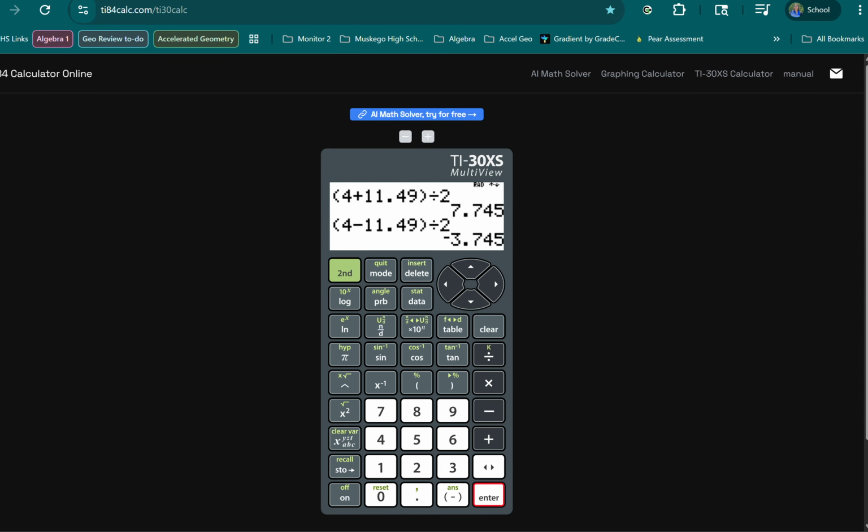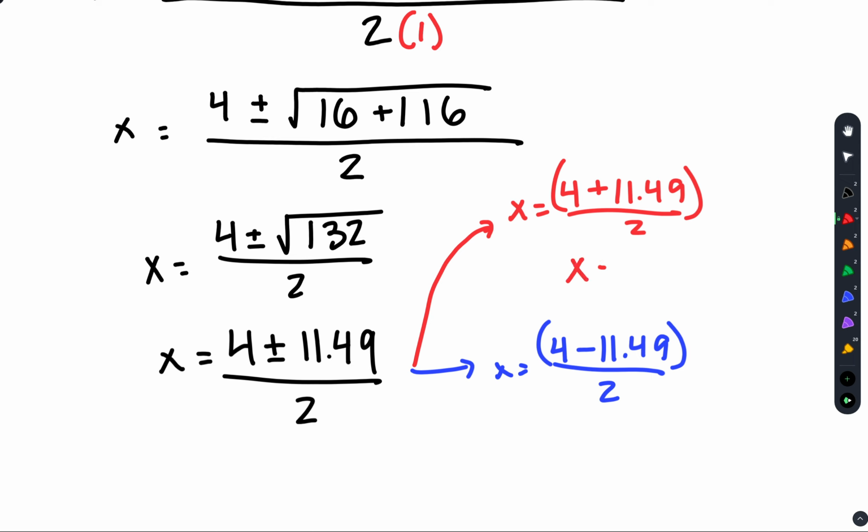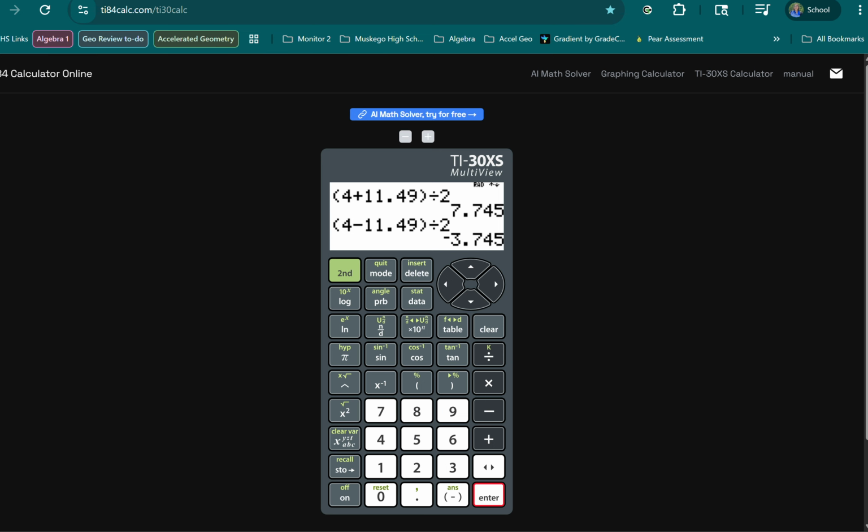There's my 2 answers. 7.75 and negative 3.75. Any questions on how we got there? I don't think so. Negative 3.75. Any questions?